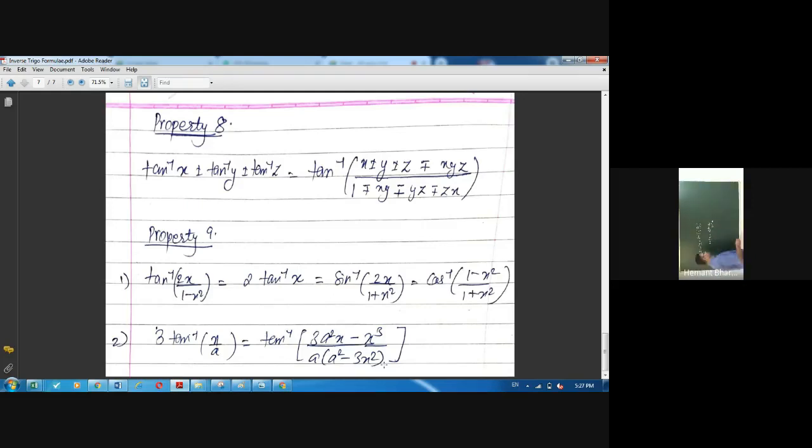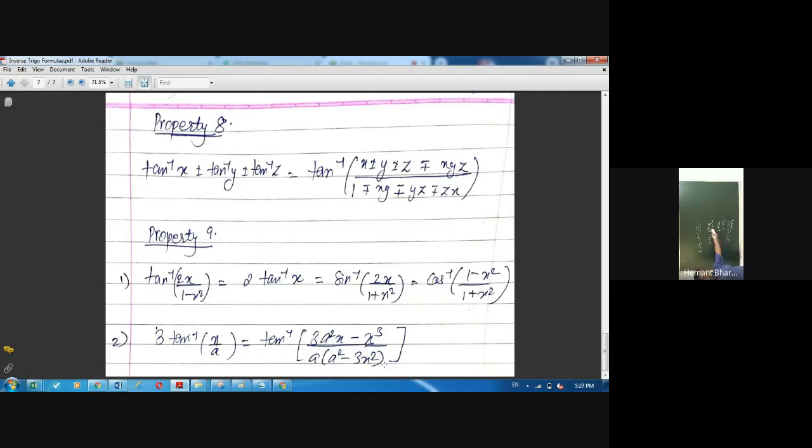If you remember, in terms of sine, sin 2x in terms of tan could be written as 2 tan x upon 1 plus tan square x. Similarly, cos 2x could be written as 1 minus tan square x upon 1 plus tan square x.